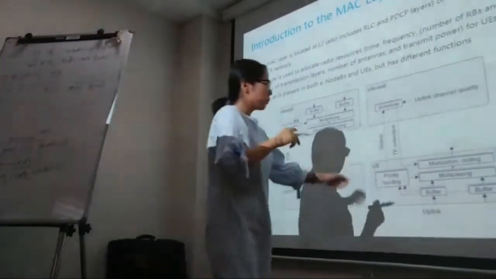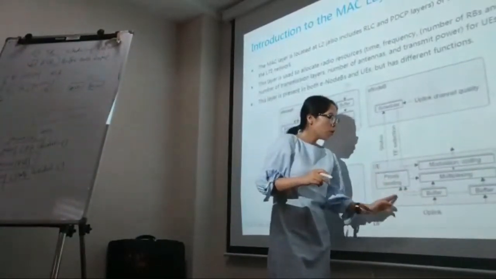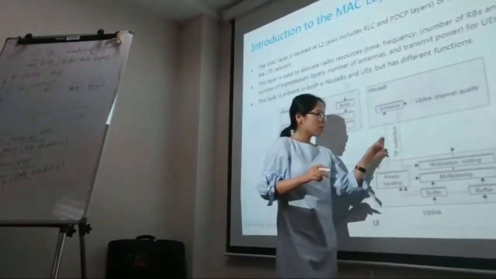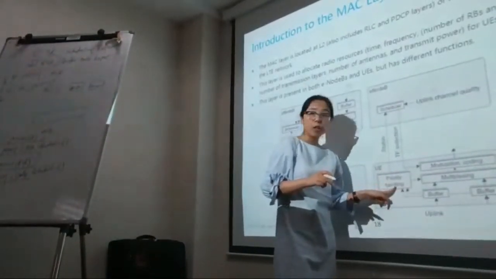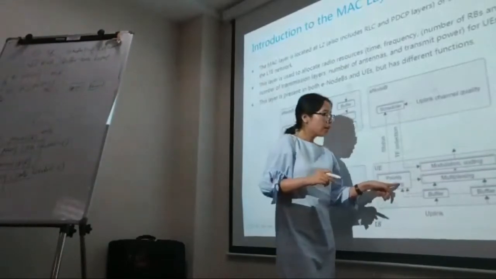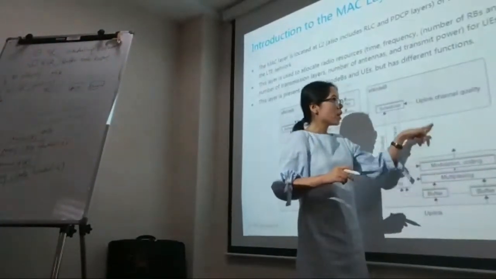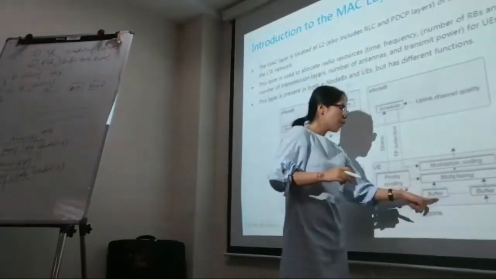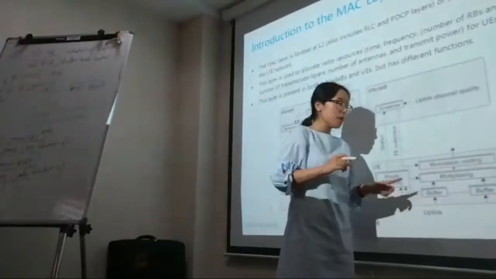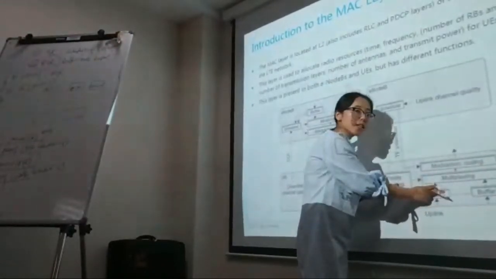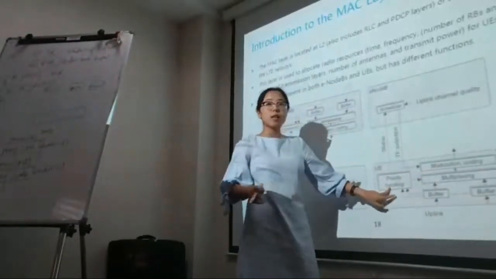Another is that, before I transmit this status, it will perform priority handling, right? Before I transmit the data, the buffer also goes through priority handling. That means which buffer, which data goes to the multiplexing is decided by priority handling.